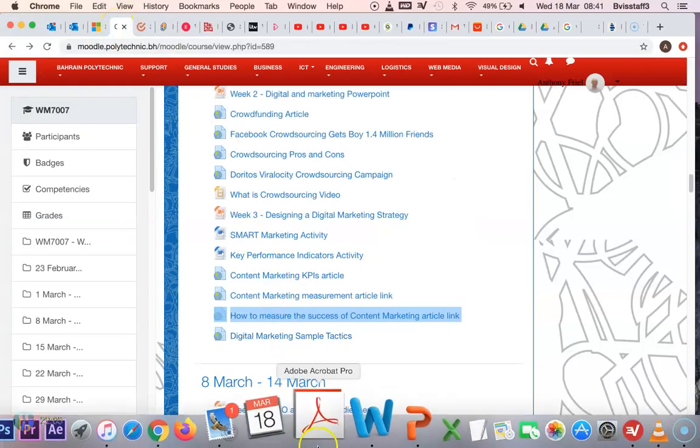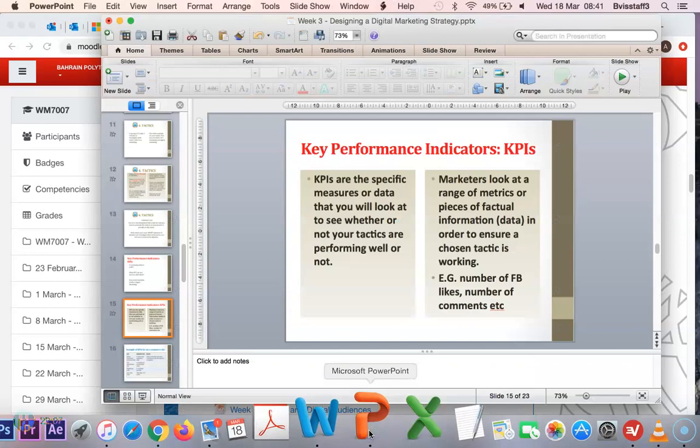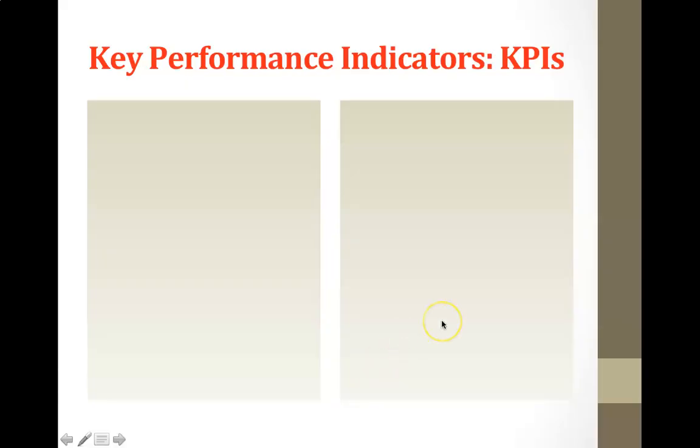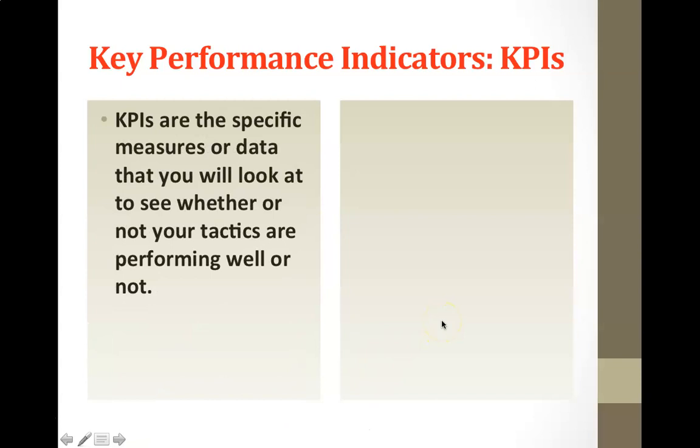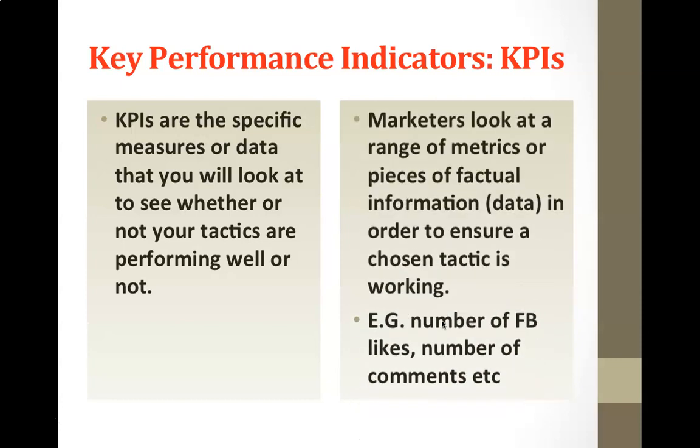Okay, so key performance indicators are the specific measures or data that you will look at to see whether or not your tactics are performing well. And there's a range of tactics.